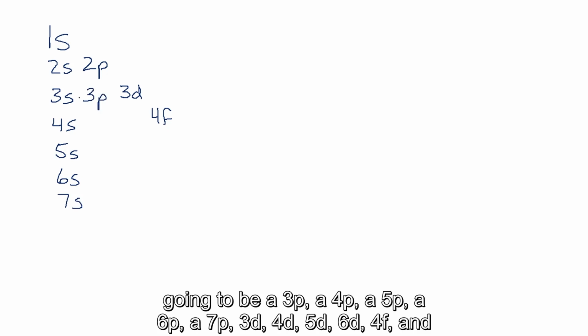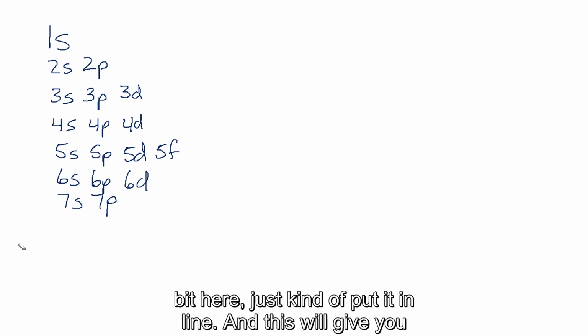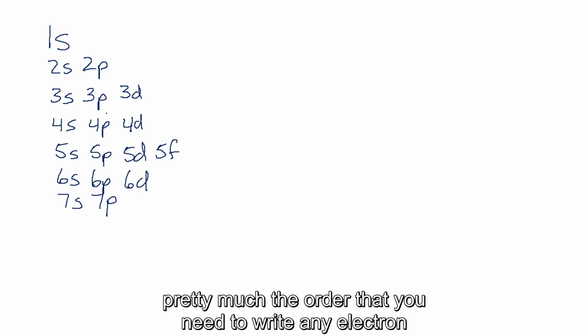That's going to be a 3p, a 4p, a 5p, a 6p, a 7p, 3d, 4d, 5d, 6d, 4f, and 5f. And maybe I'll just bring that f down a little bit here, just put it in line. And this will give you pretty much the order that you need to write any electron configuration.